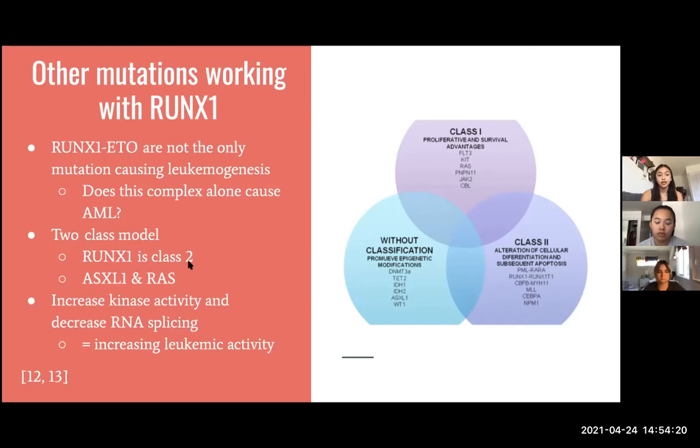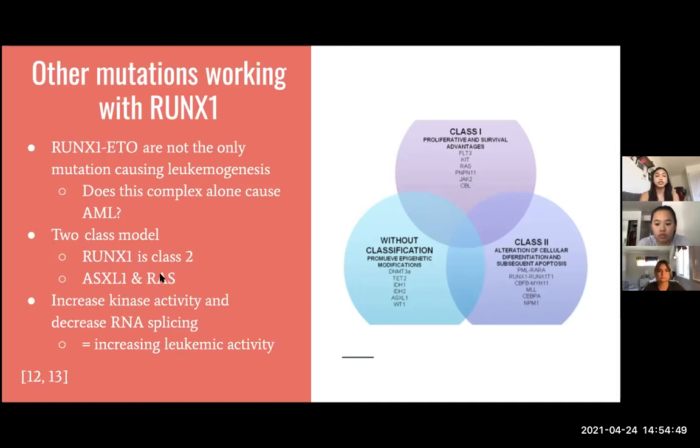RUNX1 is actually a class 2 mutation, and in older patients, we see RUNX1 co-occurring with ASXL1. ASXL1 is a class 1 mutation, and it's a gene that codes for chromatin rearrangement. So the co-occurrence of RUNX1 and ASXL1 results in a lack of response to therapeutic treatments.